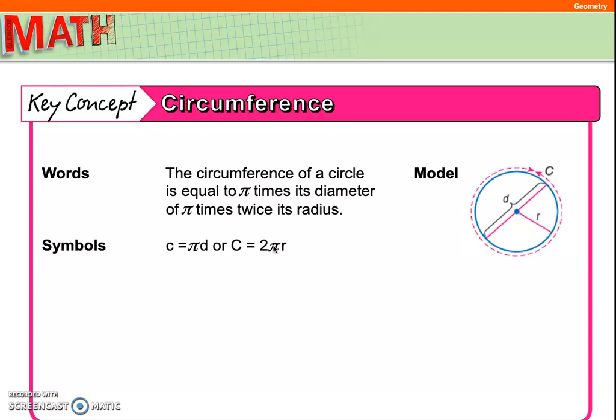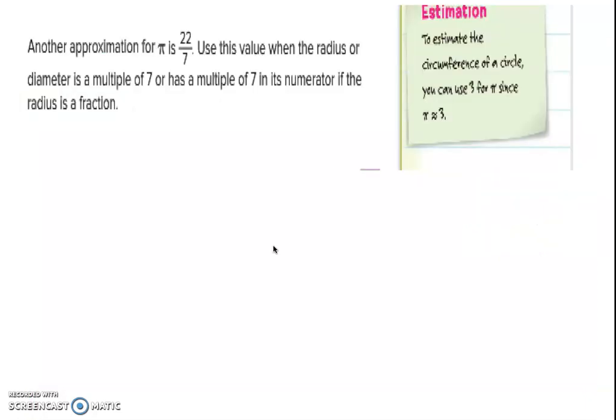Now this works for any size circle, no matter how big or how small. Here we're going back to what the ancient Egyptians used, 22 sevenths.